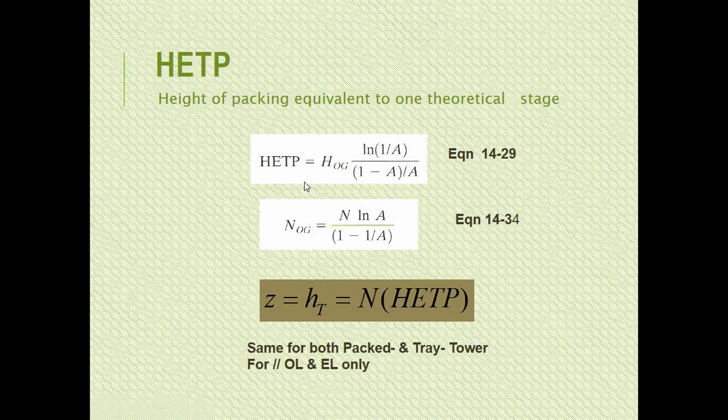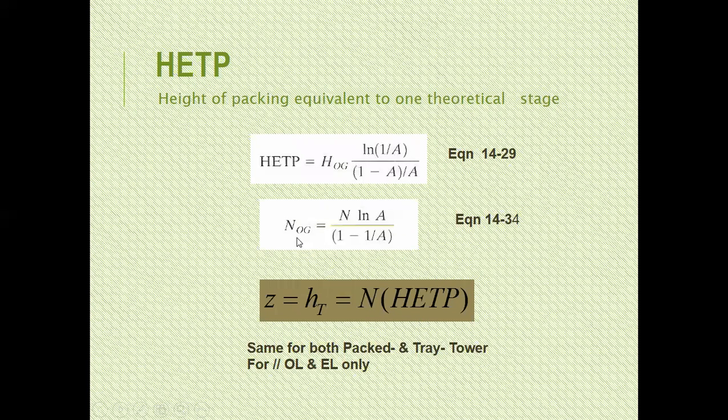But if you notice, the HETP has a formula expressed in terms of the HOG. Your HETP actually can be solved using the HOG. So what is good about this though is if you have the HETP from the HOG, all you have to do is multiply it by the theoretical number of stages. That way you can find the height. If this is already asked by the problem, then you'd rather go for this.